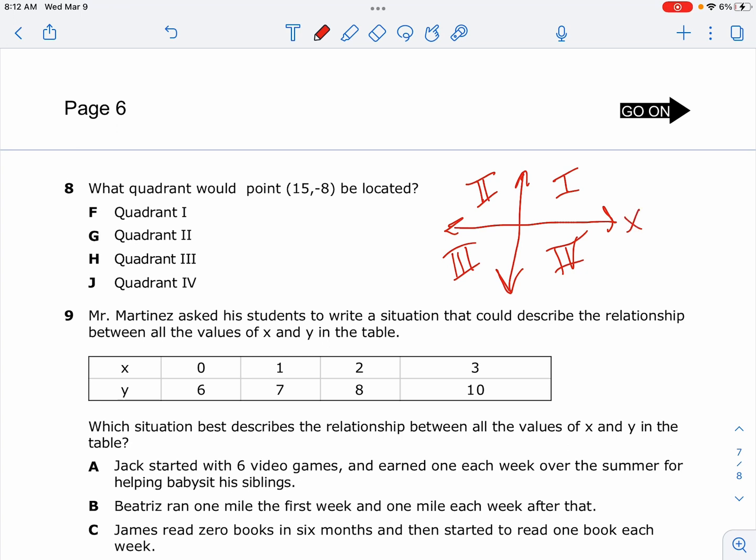I know this is my x, this is my y. These are going to both be positive. This is going to be negative, positive. This is going to be negative, negative for my ordered pairs. And this is going to be positive, negative for my ordered pairs. So quadrant 4 is my answer.